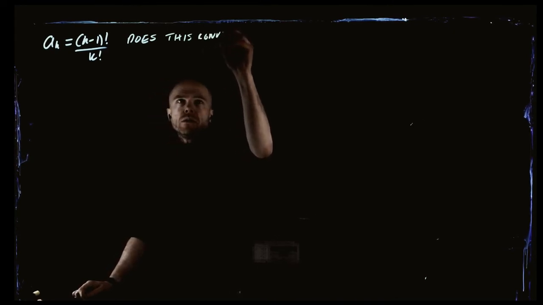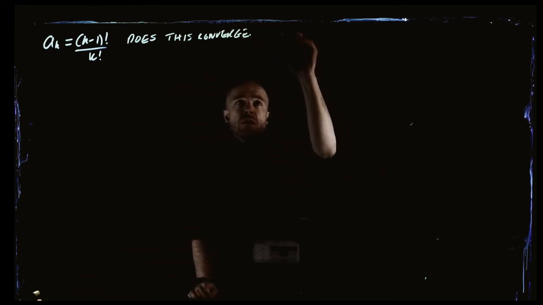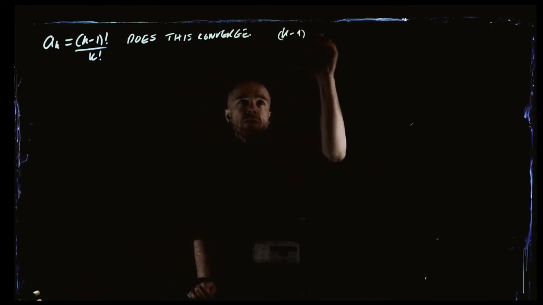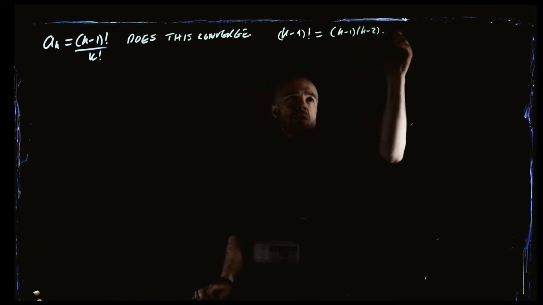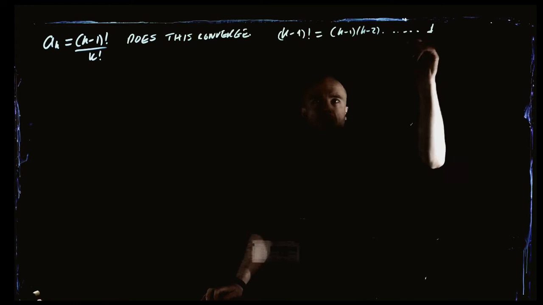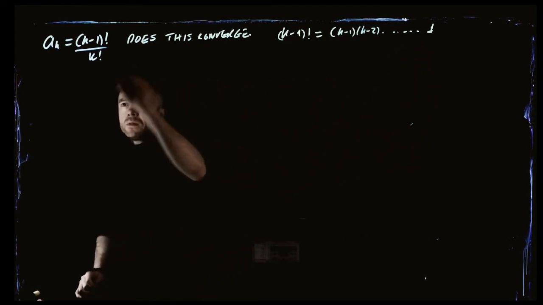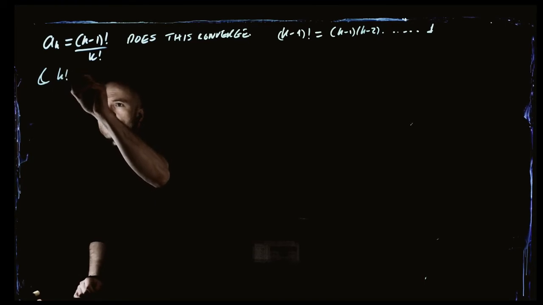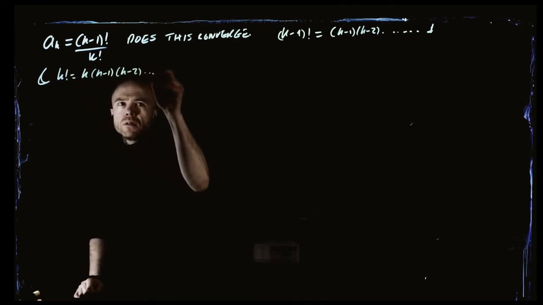Okay, let's look at this. If we look at k minus 1 factorial, it is k minus 1 times k minus 2, dot dot dot, the last term is 1, right? And k factorial is k times k minus 1, k minus 2, dot dot dot, times 1.